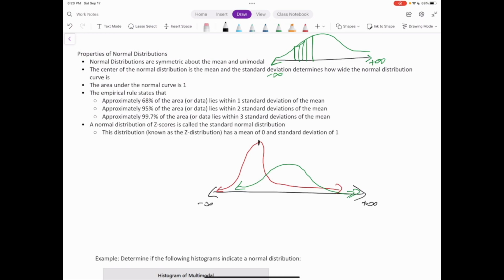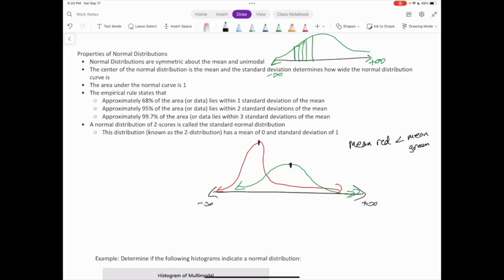Go to the peak, that's the center of your distribution. That's the mean. So as we look at these, since the mean of the red curve is farther left on that number line, that means that the mean of the red curve is less than the mean of the green curve, because its center, where it lies on that number line, is farther to the left.